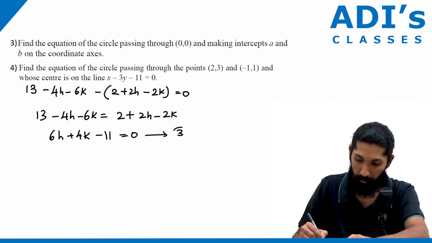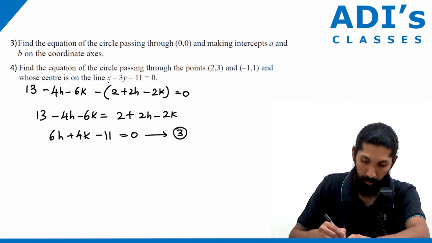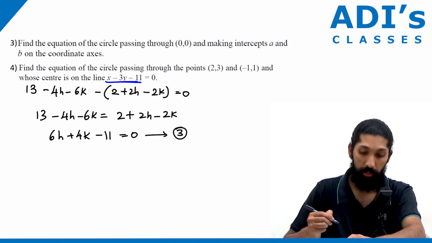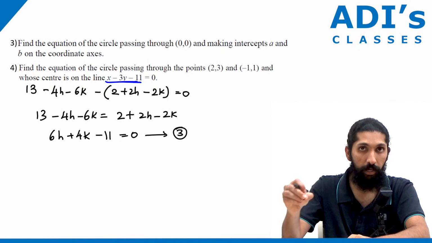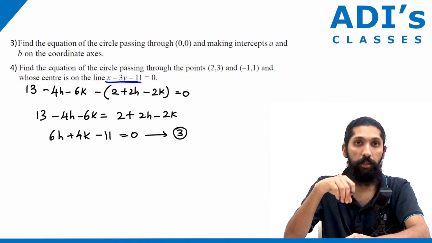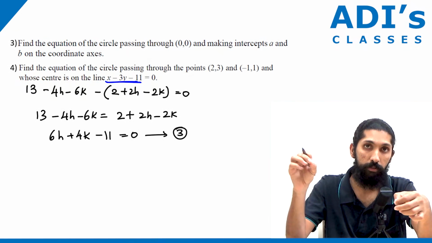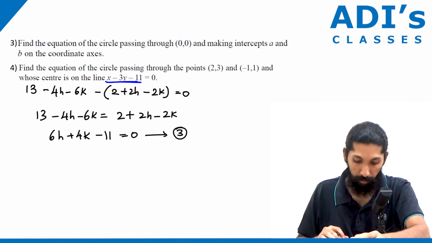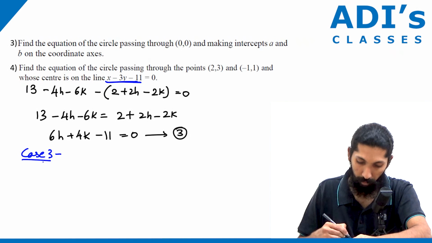Now what we are going to do, we are going to take this particular line, x minus 3y minus 11. Substitute h and k in this particular equation, because you know the center lies on that particular line. Now what we are doing, we are taking case 3, where you have x minus 3y minus 11 is 0.